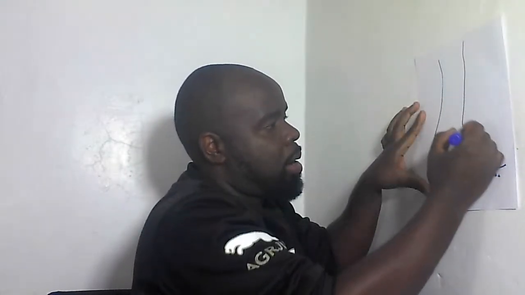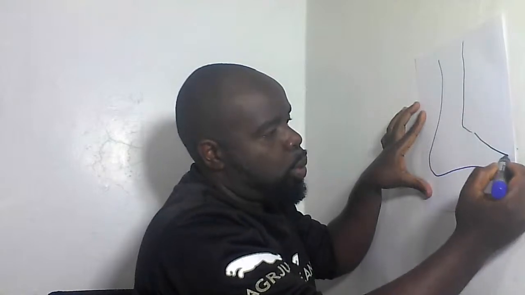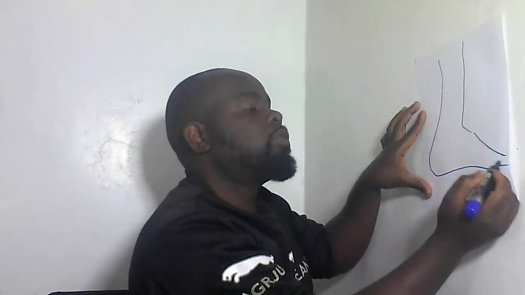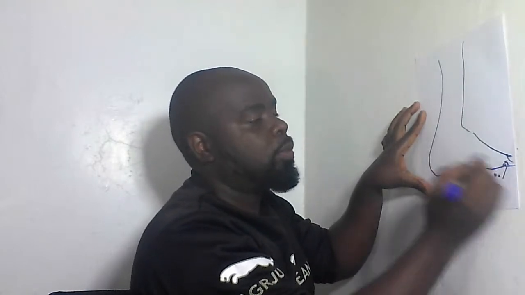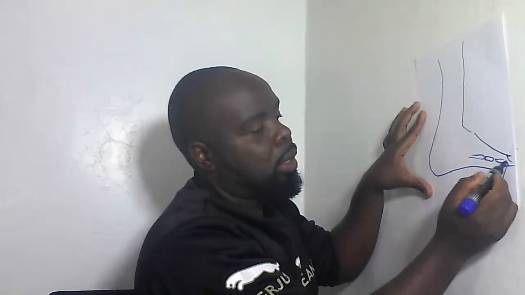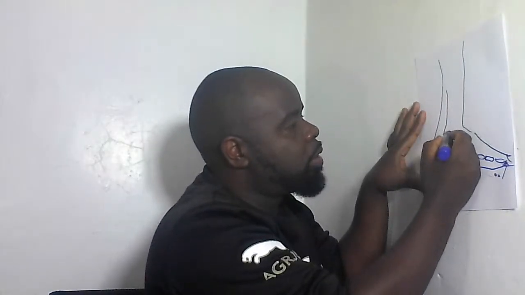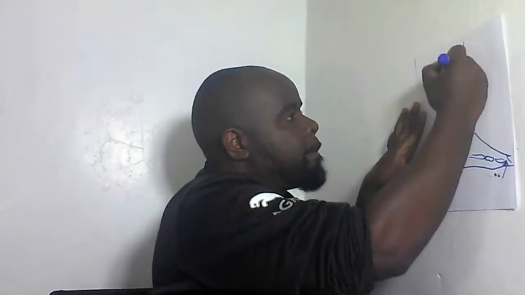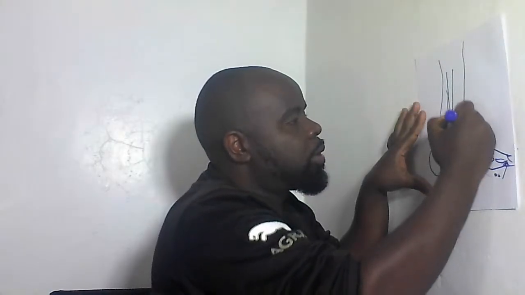So this, the first metatarsal joint. Here we have the two bones that link between each other.